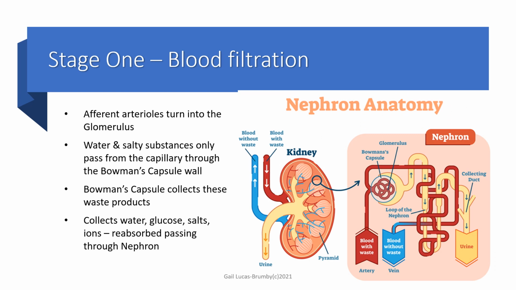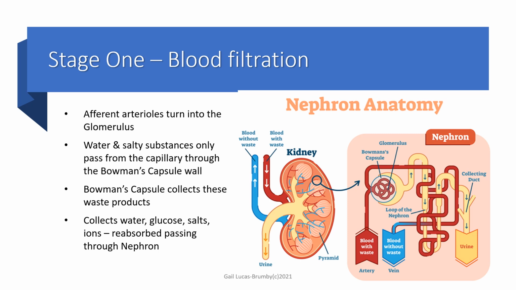The first stage of filtering the blood involves the afferent arterioles. These are the blood vessels that arrive in the nephron. Now, within the nephron, after the afferent arteriole arrives, it curls up into a knot, and this knot is known as the glomerulus. The glomerulus sits in a capsule known as the Bowman's capsule.